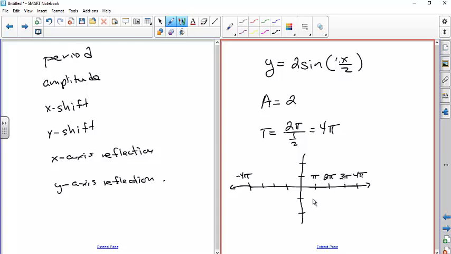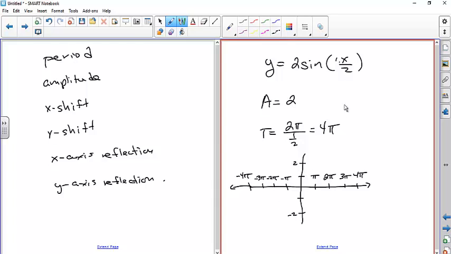Once you have this side, you just do the opposite on the other side. So you get that. So that's your scale. That's all based upon the period. Then your amplitude is going to determine your markings here. So because I have an amplitude of 2, I'm probably going to put 2 there and negative 2.